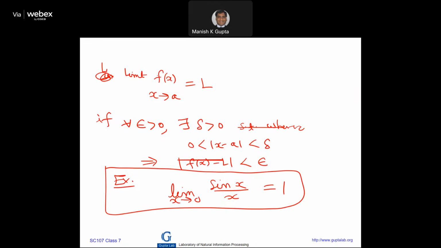Now what you need to do, this is your A. Sorry, this is your A. A is equal to 0 here. This is your capital L. L is equal to 1. This is your function. Now you choose, see the power of delta and epsilon. Choose some small numbers and see what happens. Compute this distance, okay? And you will automatically observe what is happening. So just try different variations.